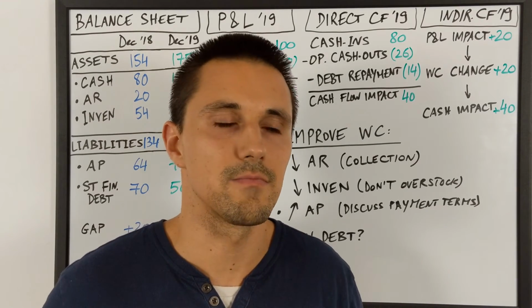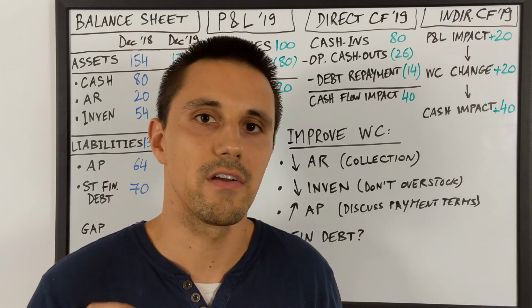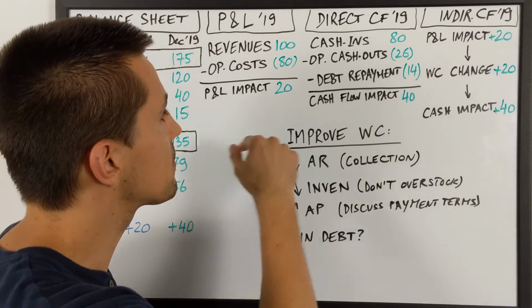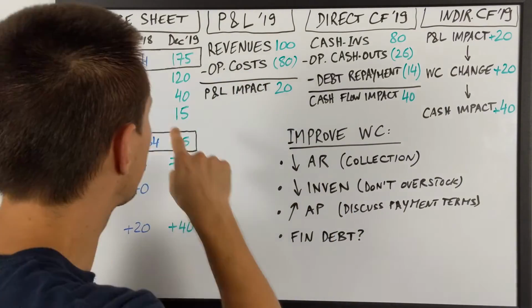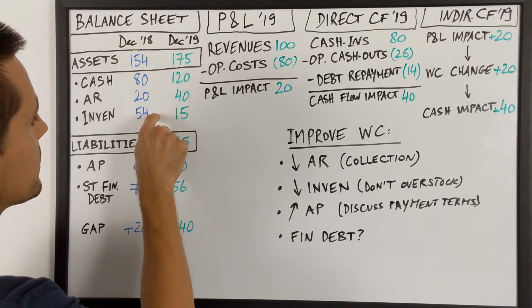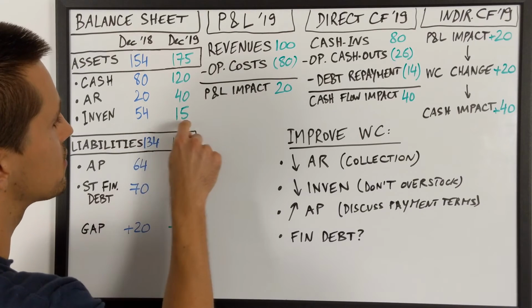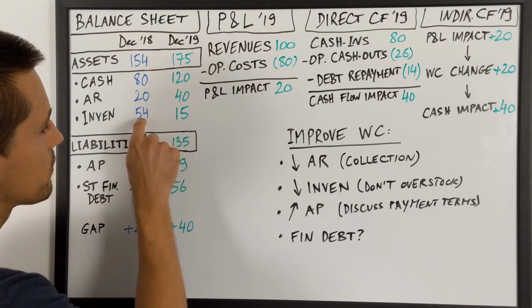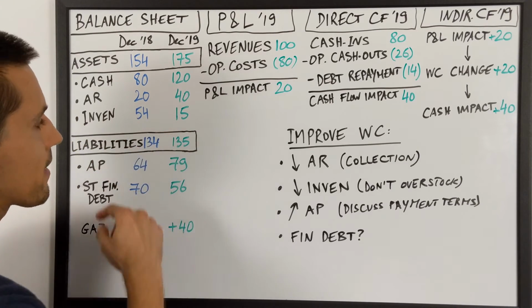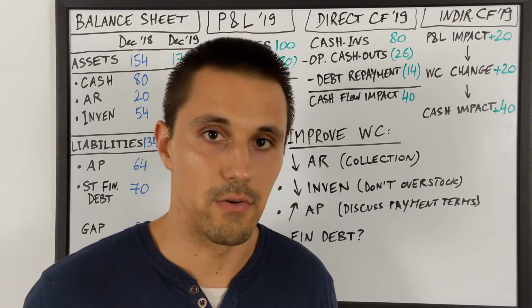I think we all made that mistake, and I think that can be a very costly one, because if you're not able to sell your inventory, and that's basically what happened here in 2018. You see, we had a very high inventory, and it took us 1 year to sell that inventory. So in 2018 we had a big cash impact because we were not able to sell our inventory.